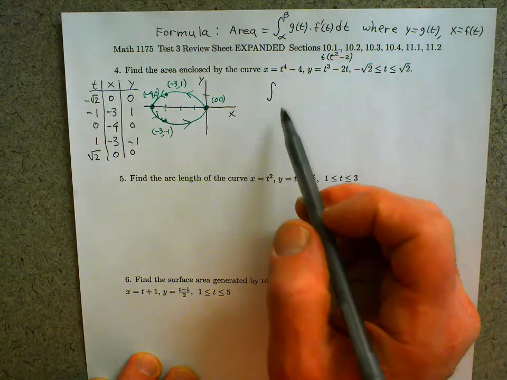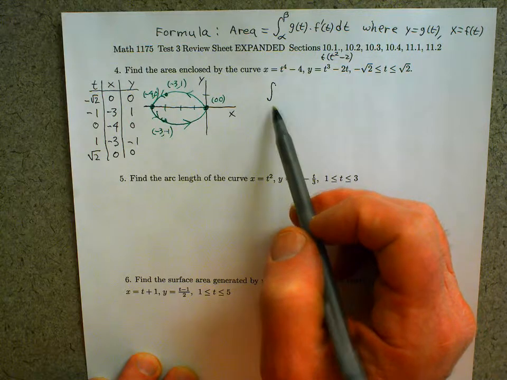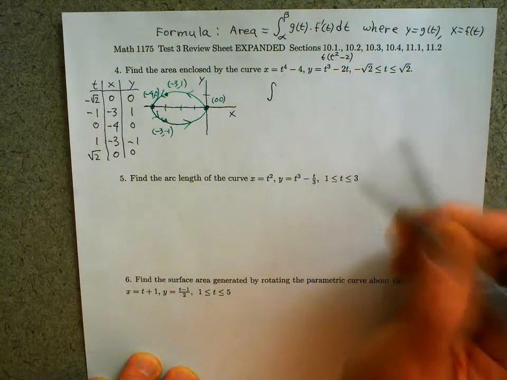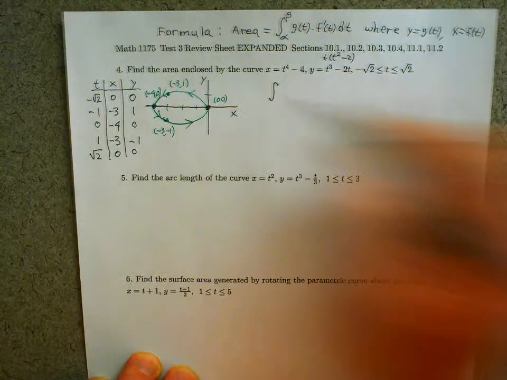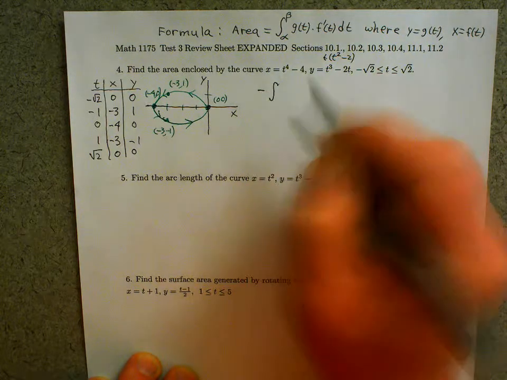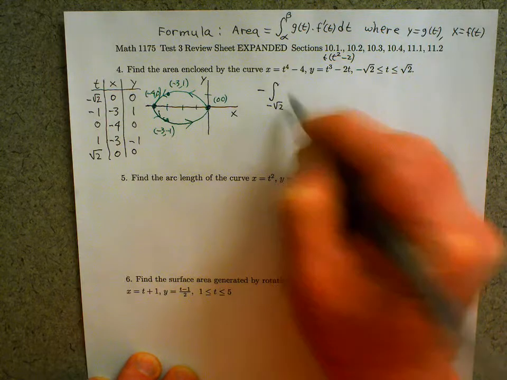If you want a positive number, you can take the negative of that, or you can integrate from the square root of 2 to the negative square root of 2. Or just remember, in the end, just take the absolute value of whatever answer you get. But I'll just take the negative of the definite integral from negative square root of 2 to the square root of 2.